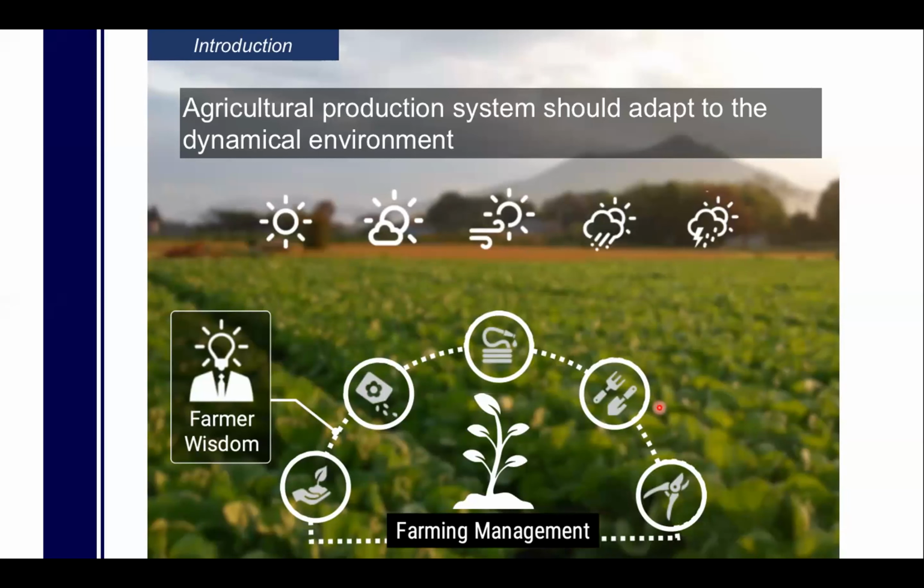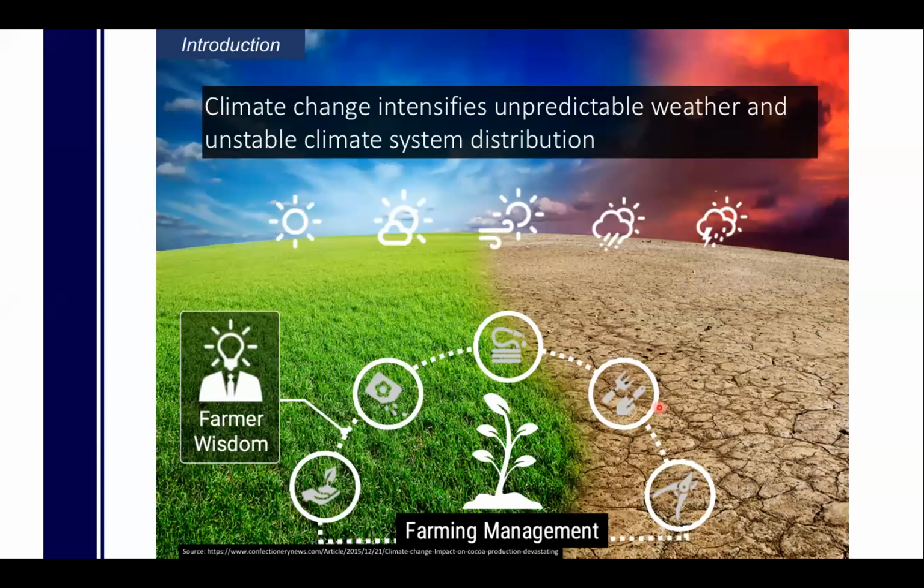It's very important to adapt to and justify the dynamical environment. Also, once again, climate change intensifies unpredictable weather and unstable climate system distribution. I think it's also our challenge now, maybe not only in Indonesia, but all over the world.